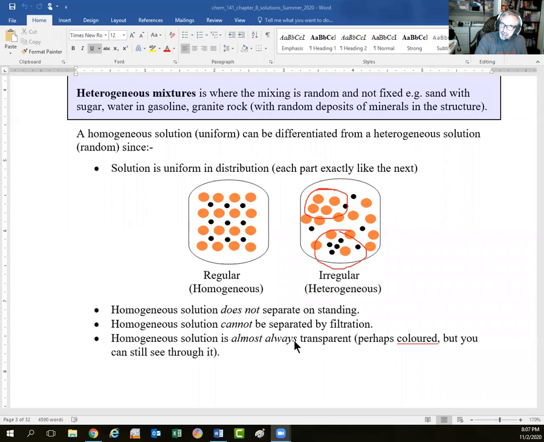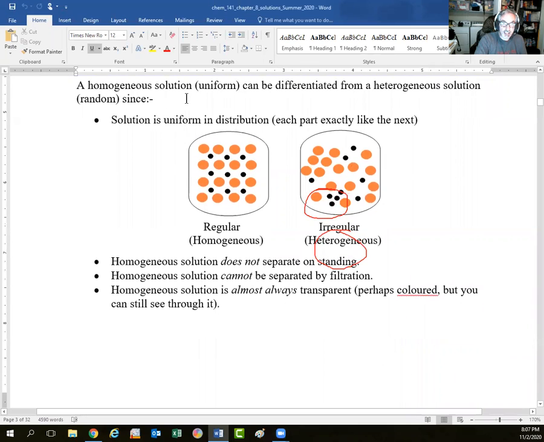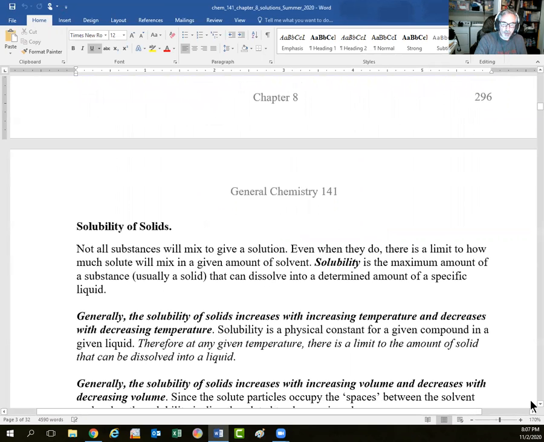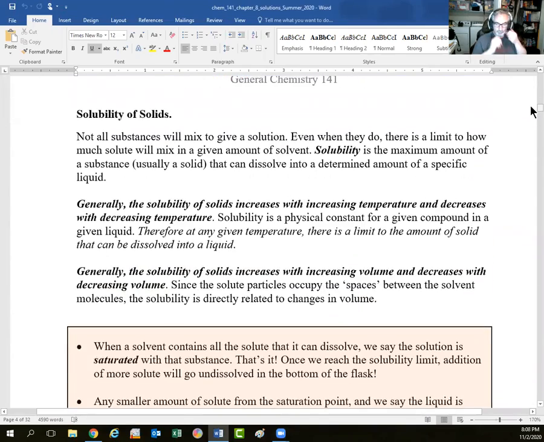If it's cloudy or looks murky, if you can't see through it, then it's a heterogeneous solution. A homogeneous solution should normally pass all three of these standards. Should be transparent, shouldn't be filtered, and shouldn't be capable of separating by just letting it stand for a while.